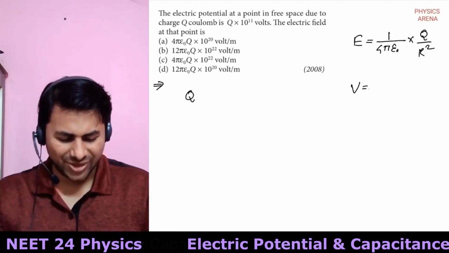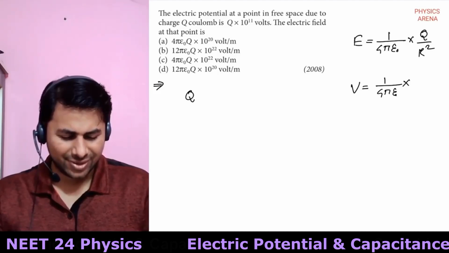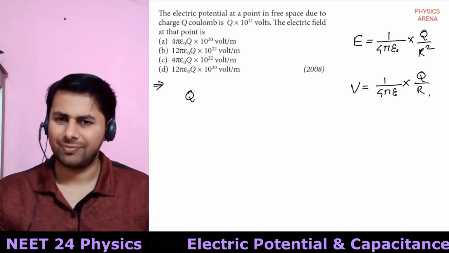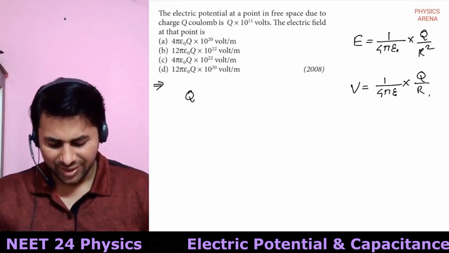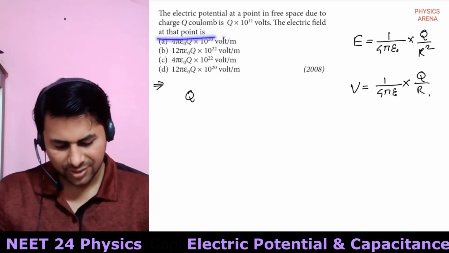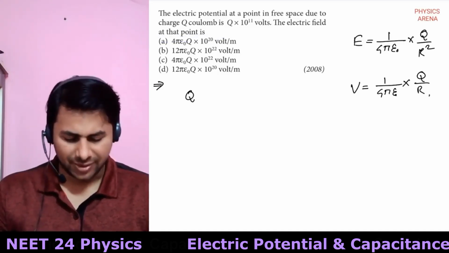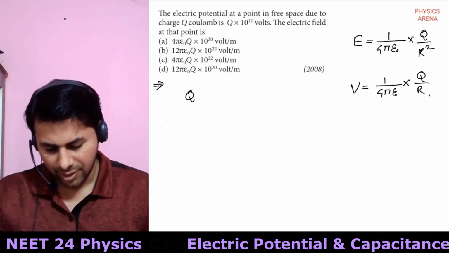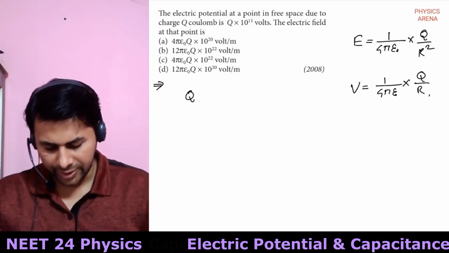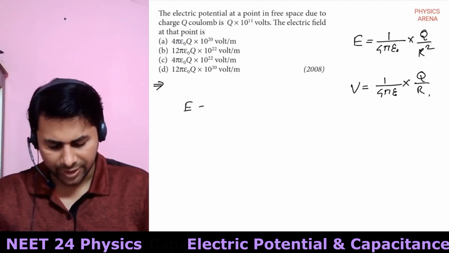And electric potential is 1 upon 4 pi epsilon naught Q divided by R. So then E is equal to V divided by R. So electric field is V upon R for a charge.